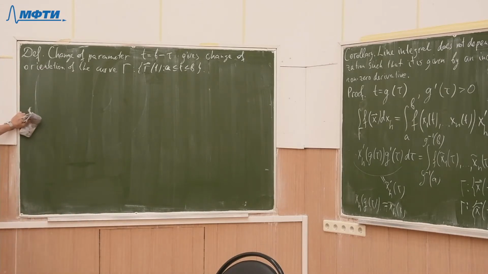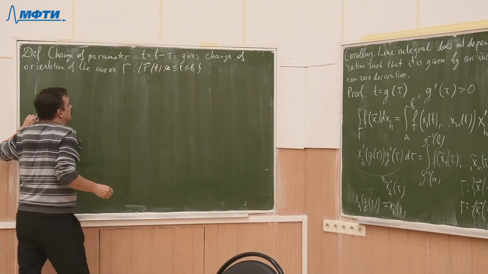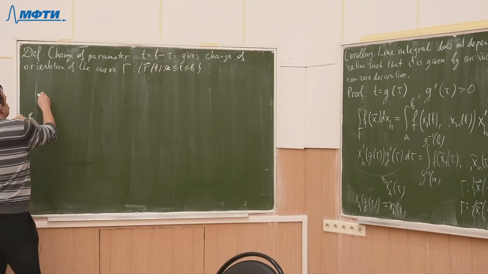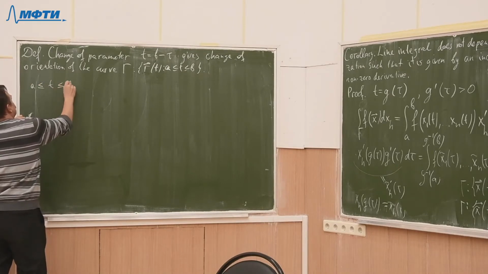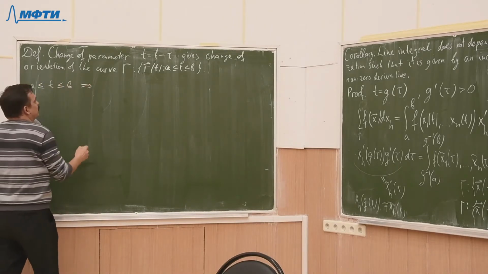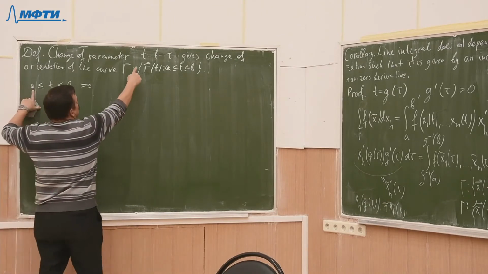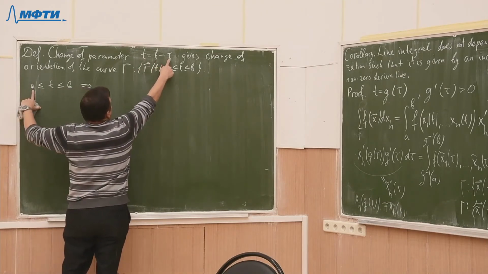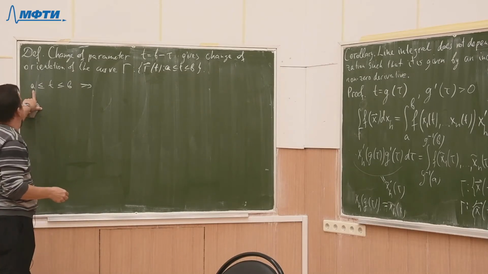So after that, look, if t varies from a to b, then how does tau vary? If we substitute t equals a, then tau is b minus a, right?